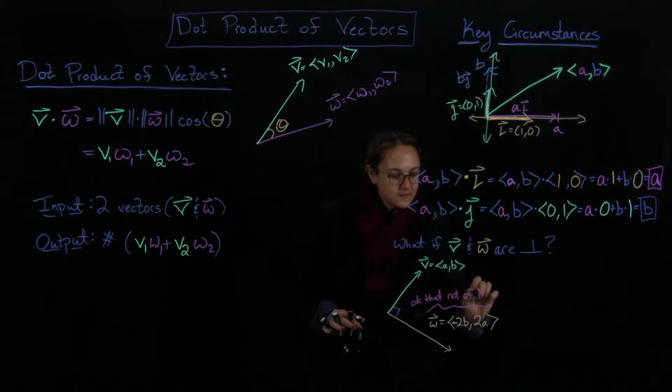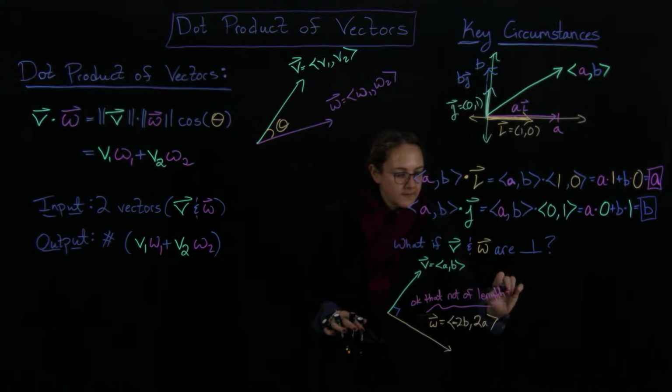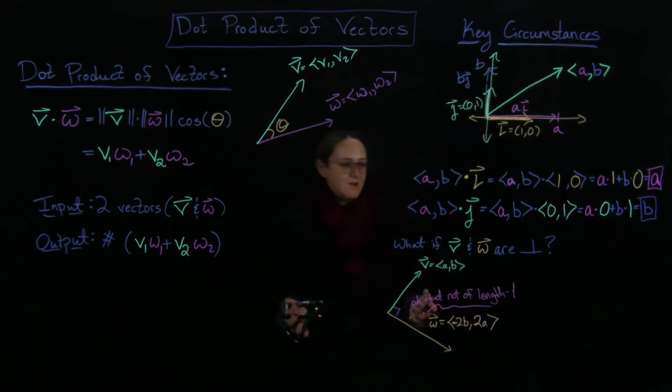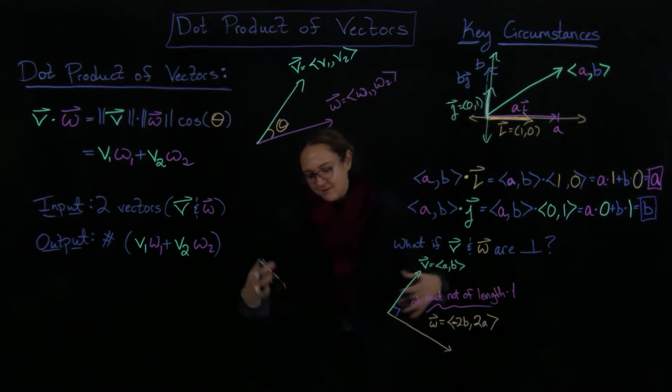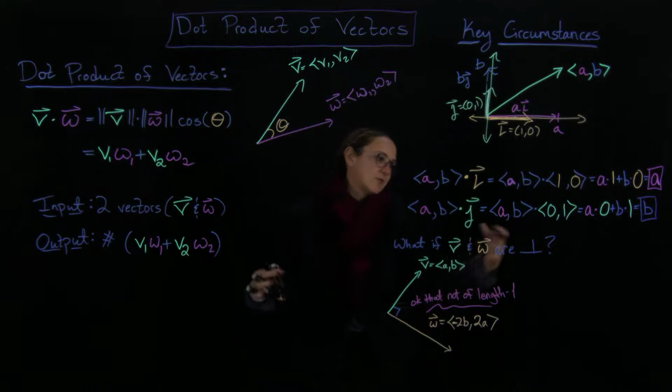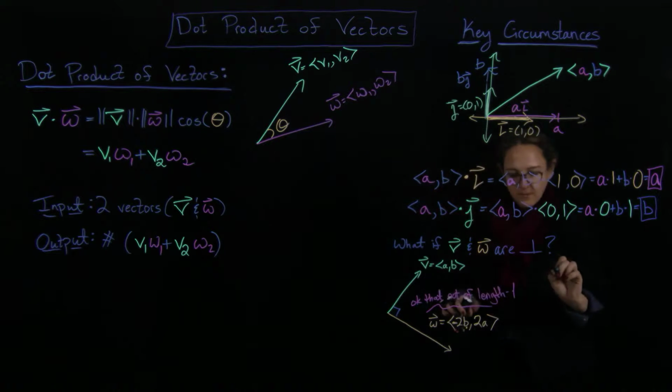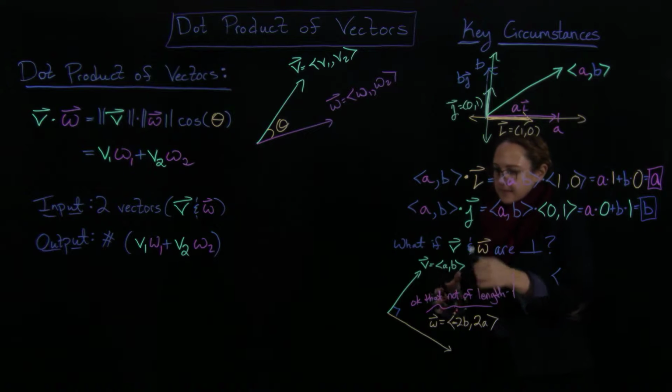Nobody says that when you dot two vectors, they have to be of length 1. I want to emphasize that because sometimes you don't know whether something is just because of the example we're doing or whether it's always true. So we have A, B.